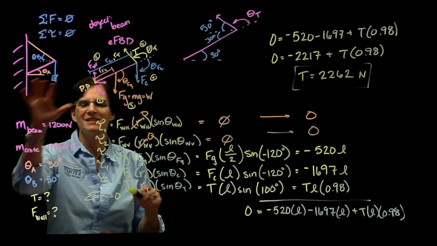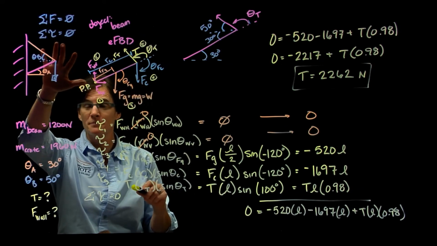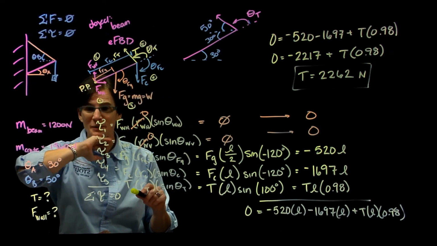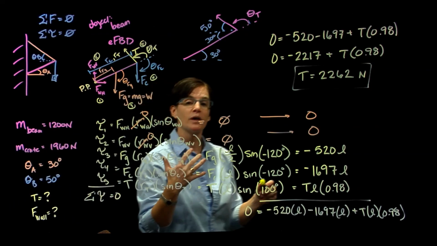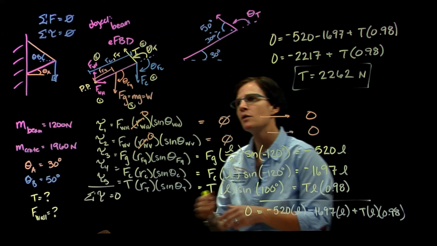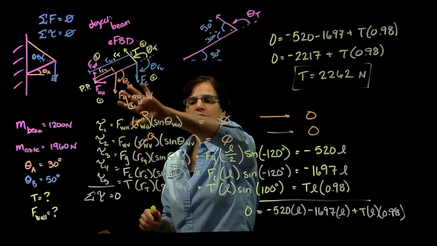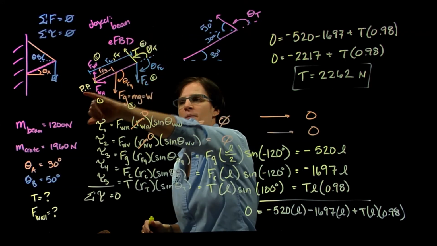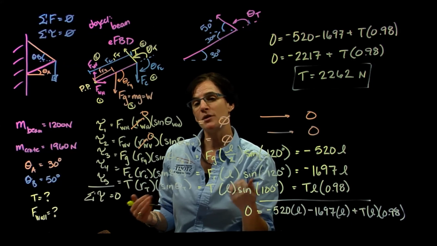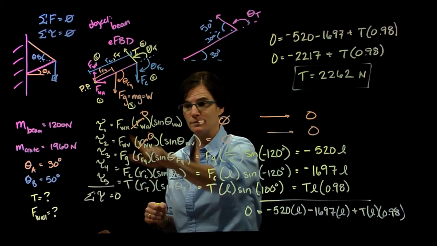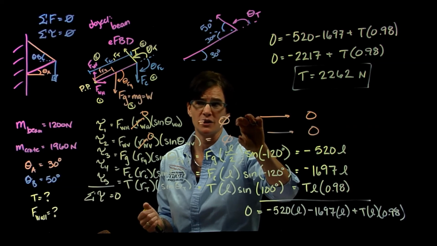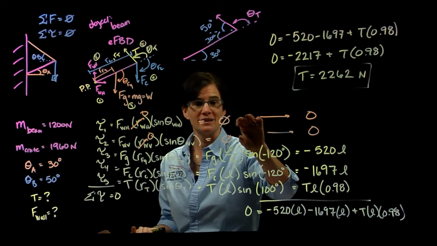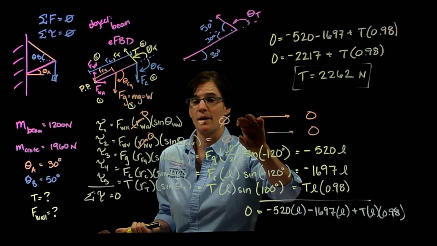Well, I recognized that this was in a state of static equilibrium, therefore the net torque is equal to 0. I draw my extended free body diagram, I identify a pivot point, I selected that pivot point to eliminate some things I didn't know. These two torques were going to be awful hard to determine if I didn't know the forces exerting on them. Selecting the pivot point at that location tells me that they don't exert a torque about that pivot point.